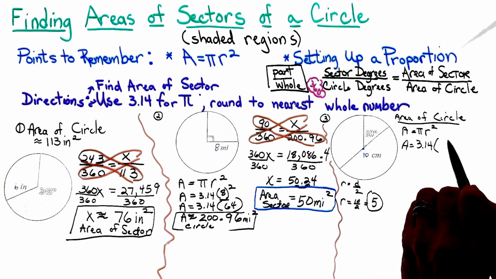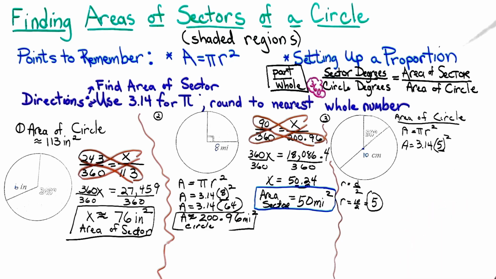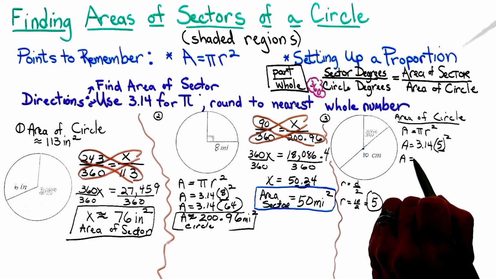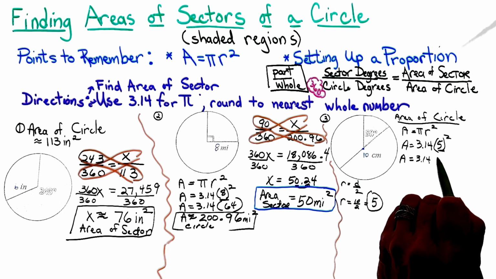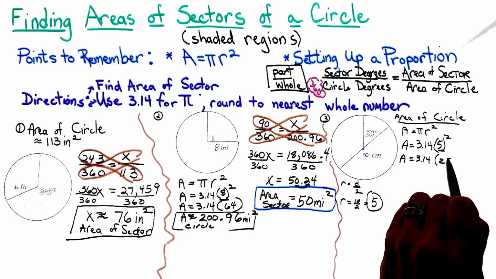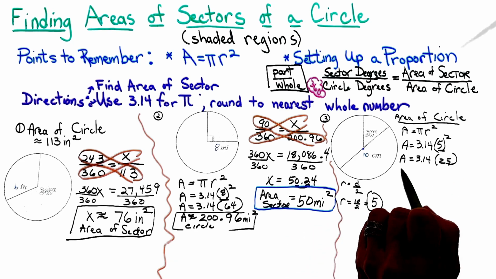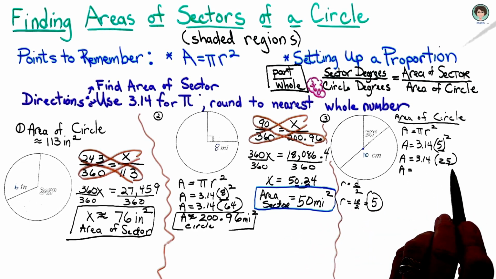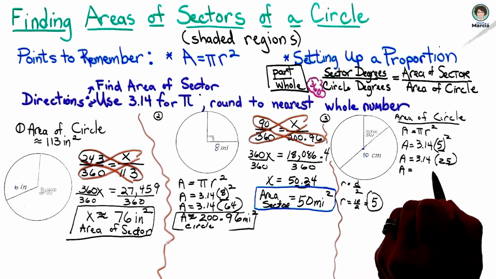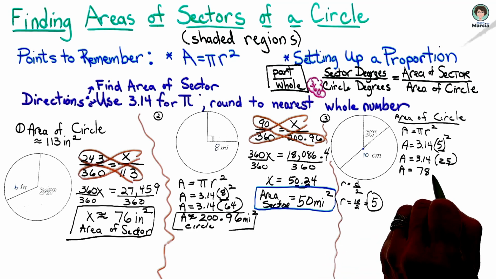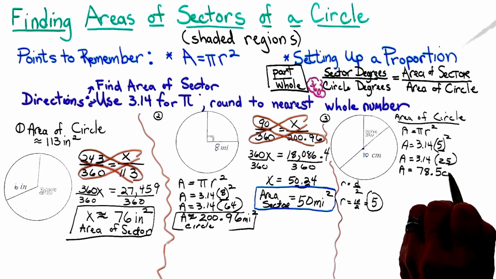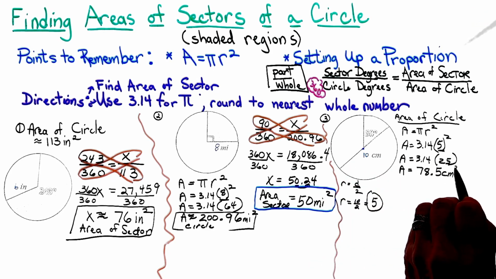The radius was 5 squared. Again, we know we have to do 5 squared, which is like 5 times 5. So I'm writing area is equal to 3.14 times 25. 5 times 5 is 25. Finally, I'm going to go ahead and multiply those 2 together, and I get 78.5, and that's for the whole circle, and it's centimeters squared.